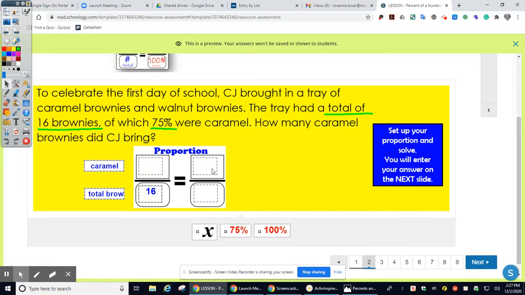And then remember, our percent is going to go on top. So it says 75%. That's kind of your cue. Whenever you see that percent, you're always going to put it in the second ratio on top. And remember, percent is always going to be out of 100.